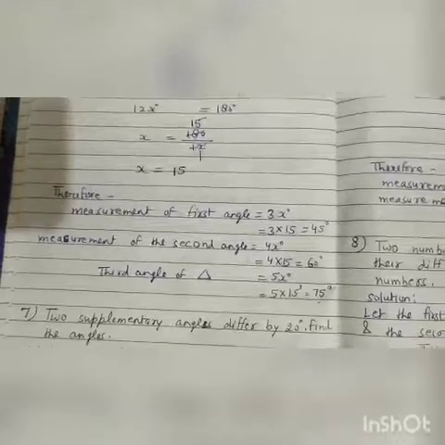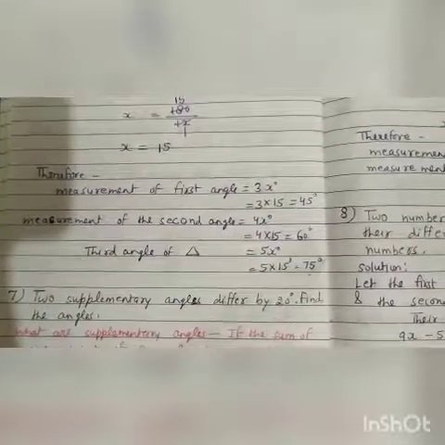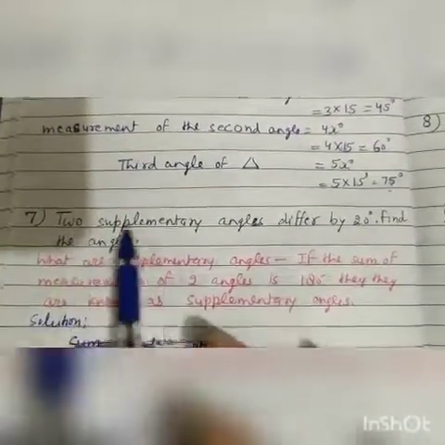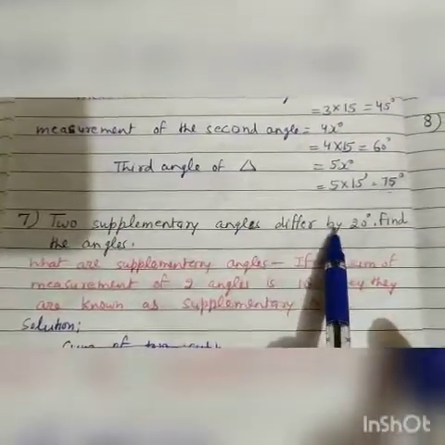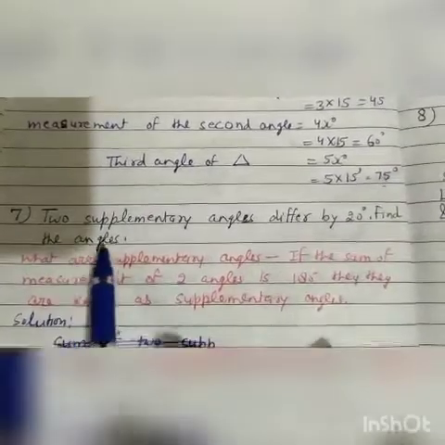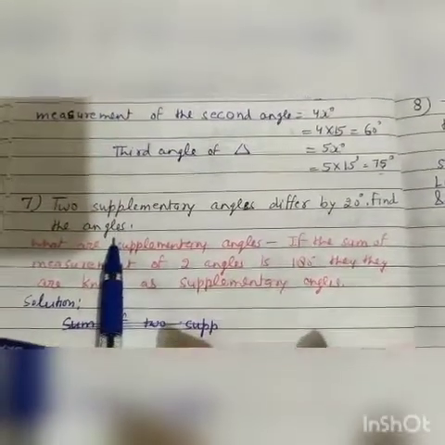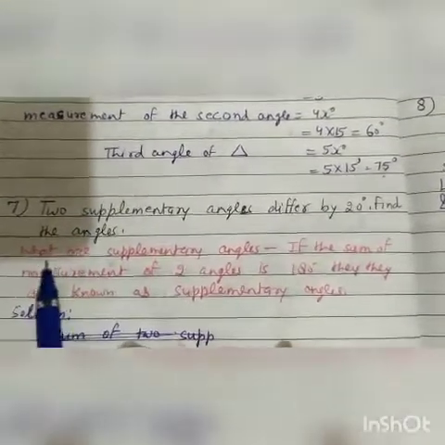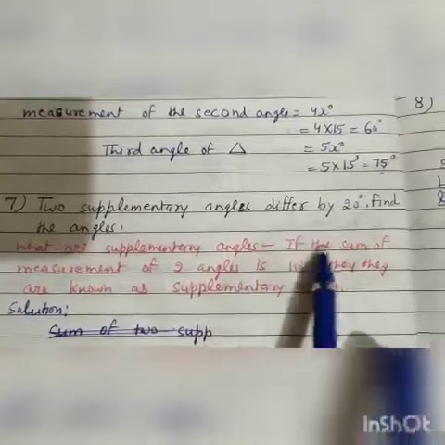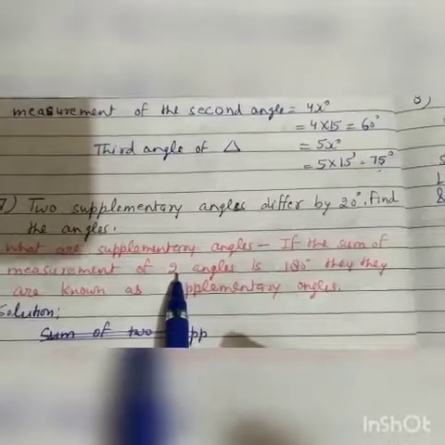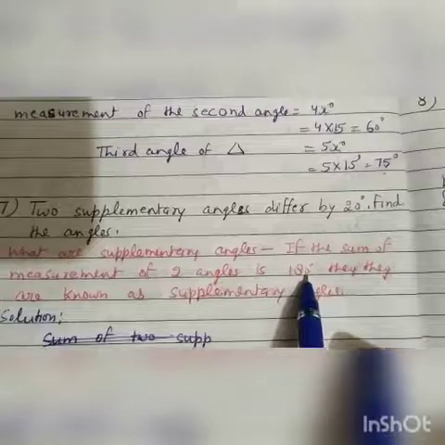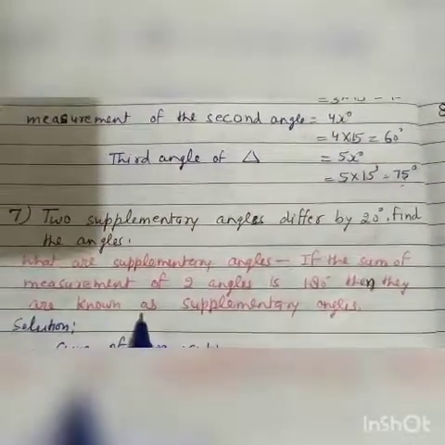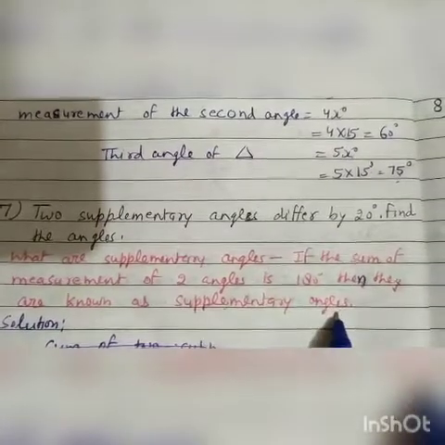Now come to question number 7. Question number 7 is: two supplementary angles differ by 20 degrees. Find the angles. First, students, you should know what supplementary angles are. If the sum of the measurement of 2 angles is 180 degrees, then they are known as supplementary angles.